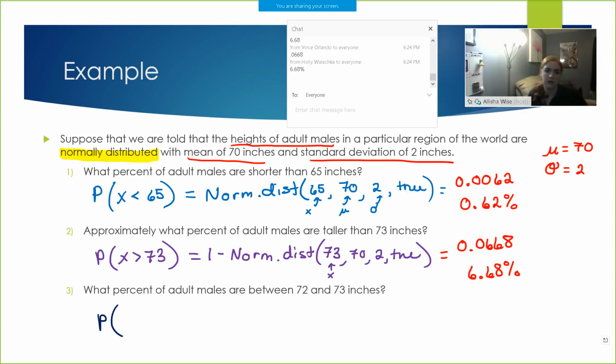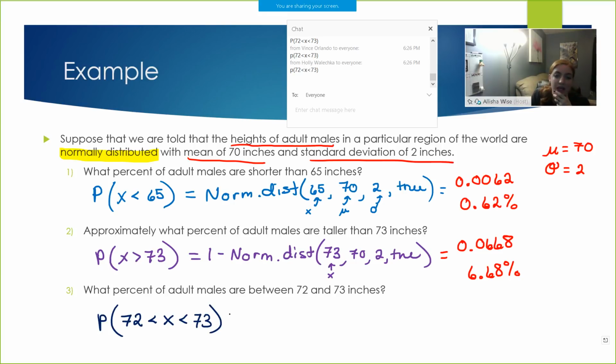Between 72 and 73 inches. Great, Doreen. That looks perfect. 72 is the smaller number, so it's written first. Yes, Stacy, excellent. Less than symbols used, 73 on the right. Everybody got it?